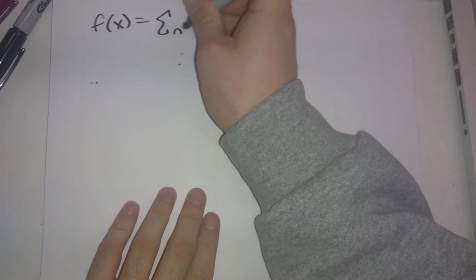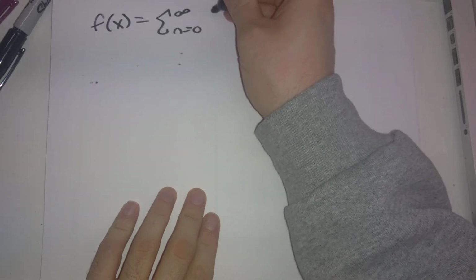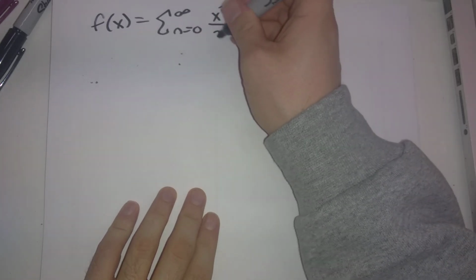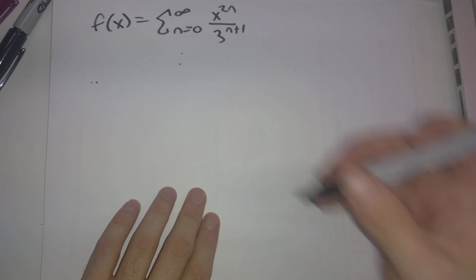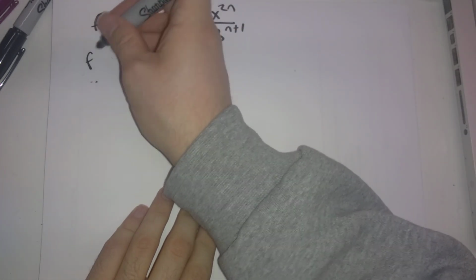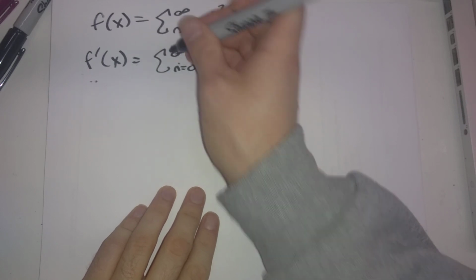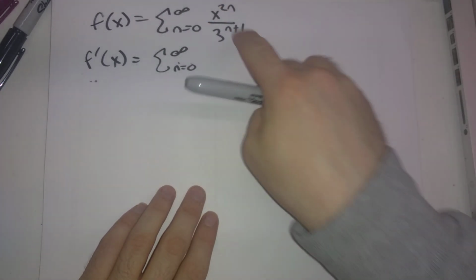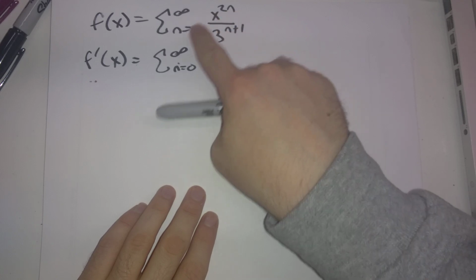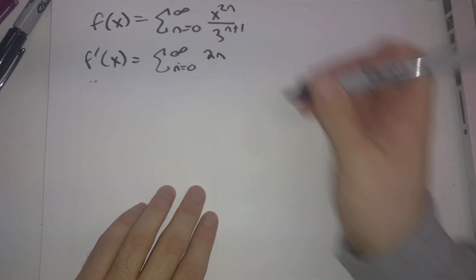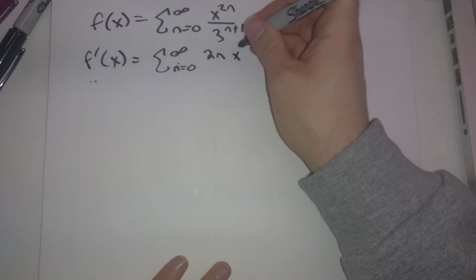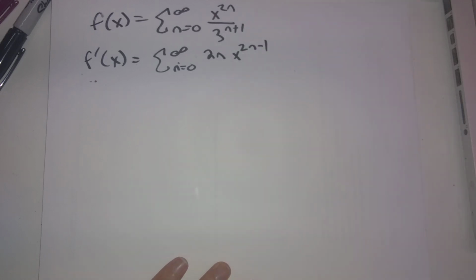Okay, so we know that f of x, let me recopy this. Earlier we had it as the sum from n from 0 to infinity of x to the 2n divided by 3 to the n plus 1. When we take the derivative here, what happens? We bring down the exponent, which is 2n, and we subtract 1 from it: x to the 2n minus 1.